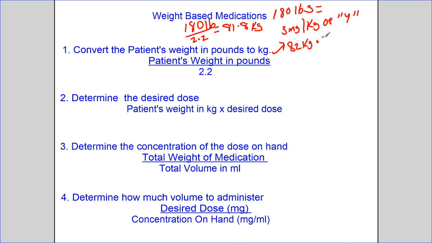multiplied by 3 milligrams. So I'm going to do the math real quick. 82 multiplied by, I'll make that an X, so multiplied by 3 milligrams. That'll give you 246 milligrams.